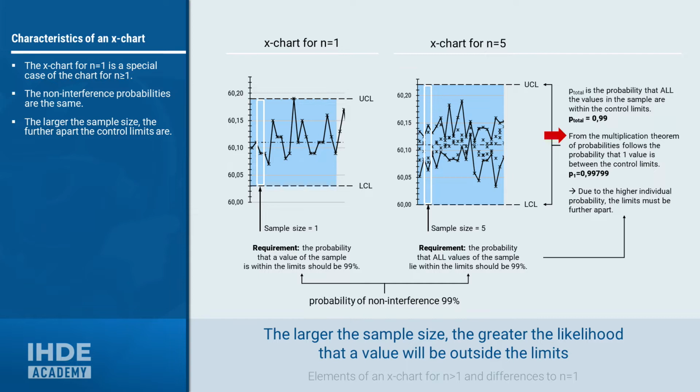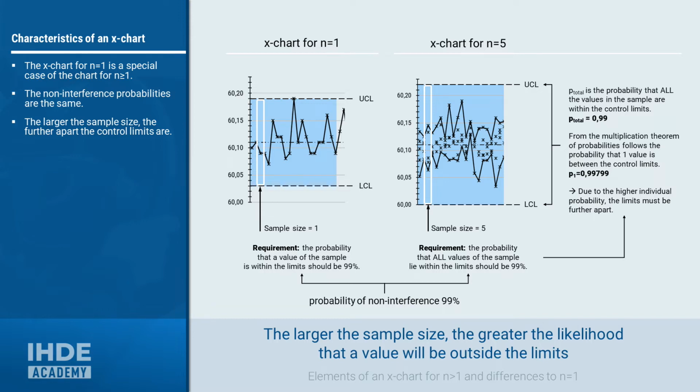So 99.799%. Due to this higher individual probability, the limits must be set further apart. And since the individual probability that a value will be outside the limits increases as the sample size increases, the limits must also get wider apart as the sample size increases.